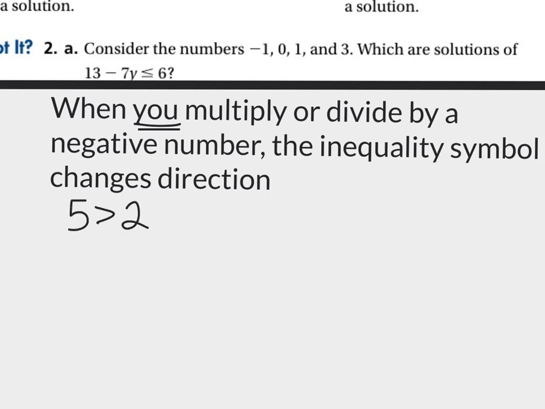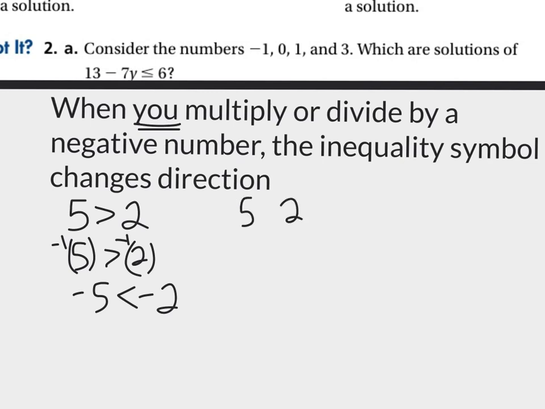For example, 5 is greater than 2, but if we multiply both sides of this inequality by -1, we get -5 and -2. -5 actually is less than -2. So our inequality sign was greater than, but to make this work, it has to change to less than. We multiplied by a negative, so we had to switch that sign.